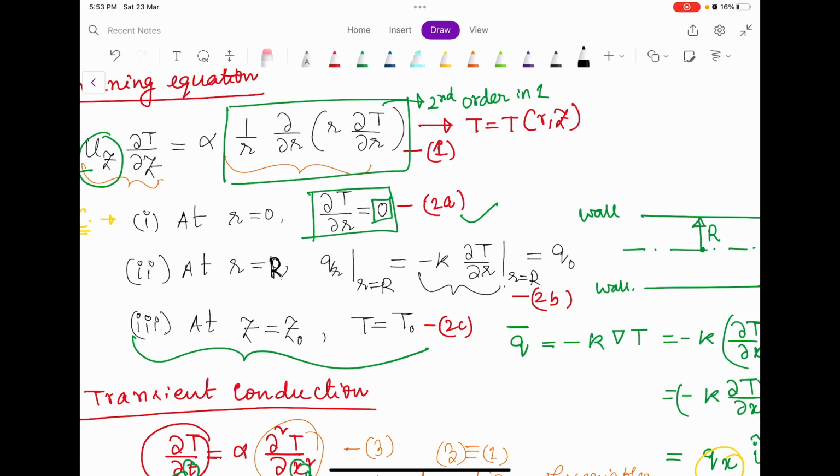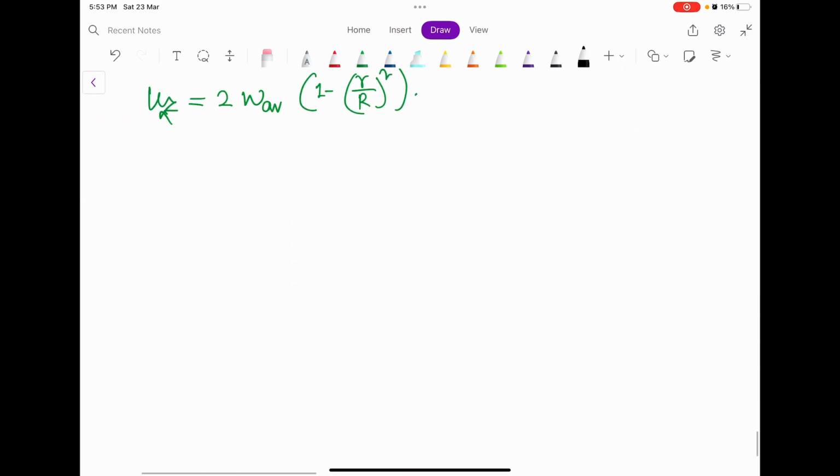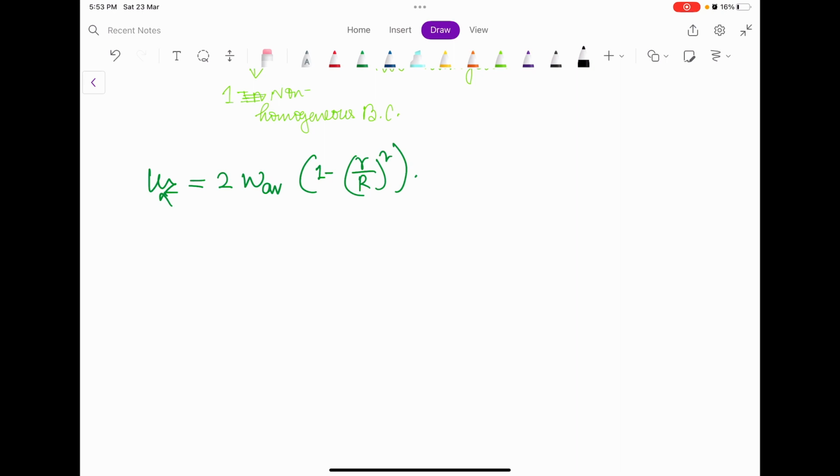Okay, so that also I will show you, how we can apply the superposition in some of the problems.